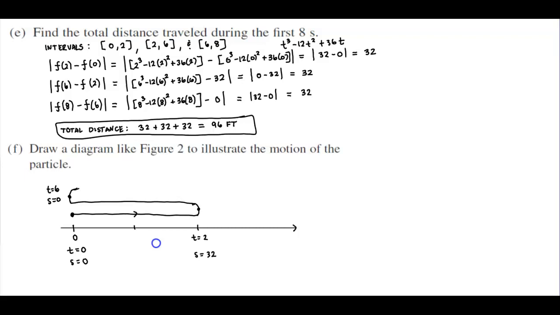And then we also found out that it's going to keep going in its direction, because we know that when t is equal to 8, we determined from above that the position came back to 32. And so therefore there is the drawing of that particular diagram.